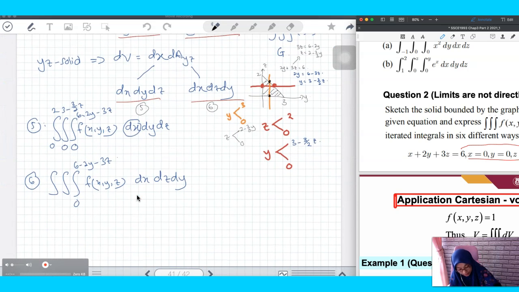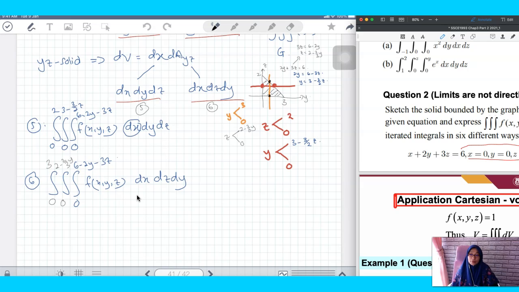So when you substitute, y is 0 to 3, and z is 0 to 2 minus 2 over 3 y. So now we have already obtained all 6 triple integrals for different orders of integration.